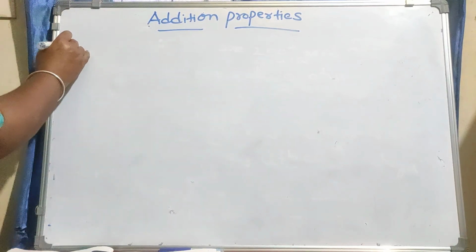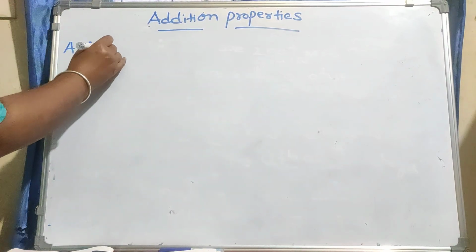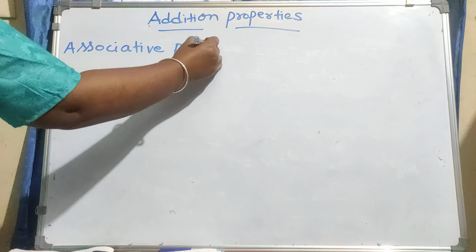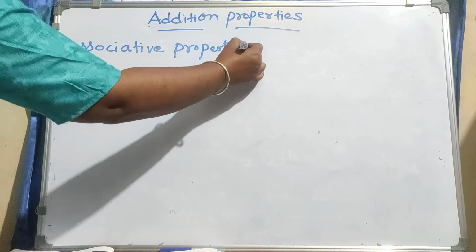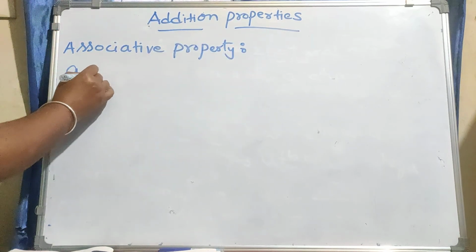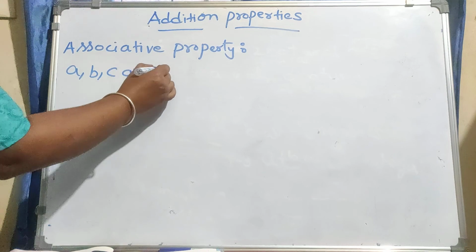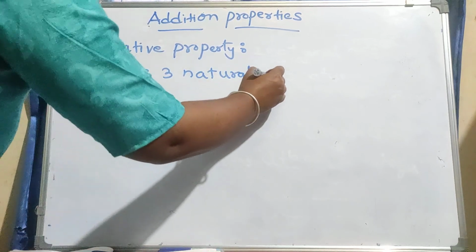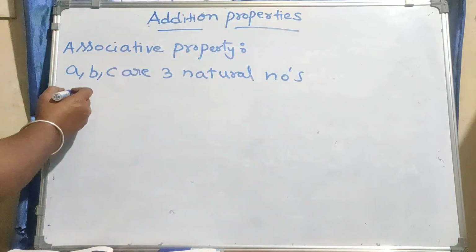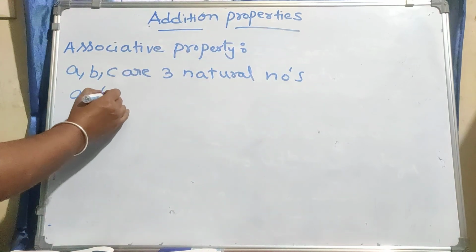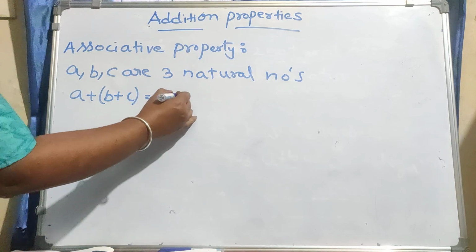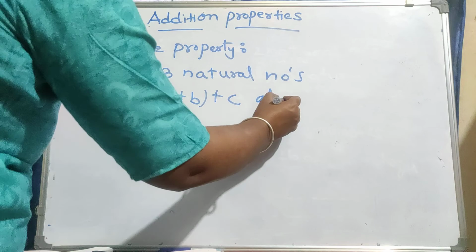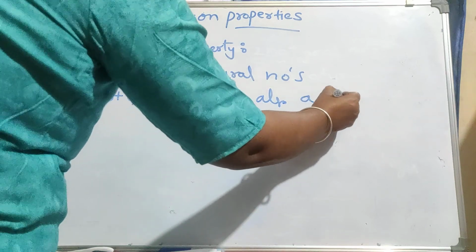What is associative property? A comma B comma C are three natural numbers. A plus B plus C is equal to A plus B plus C, also a natural number.